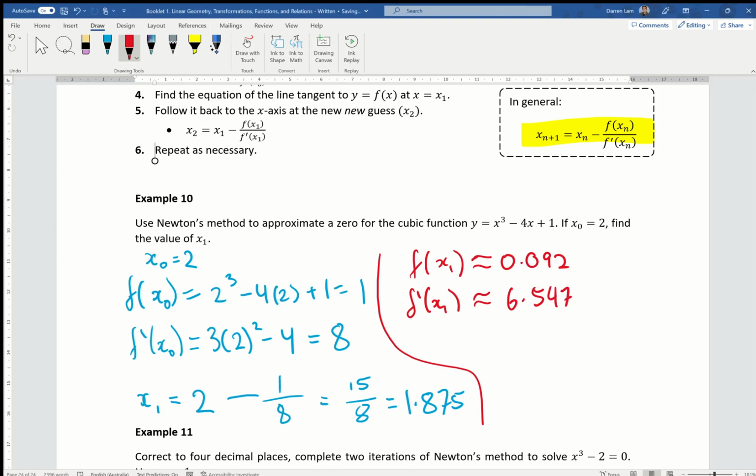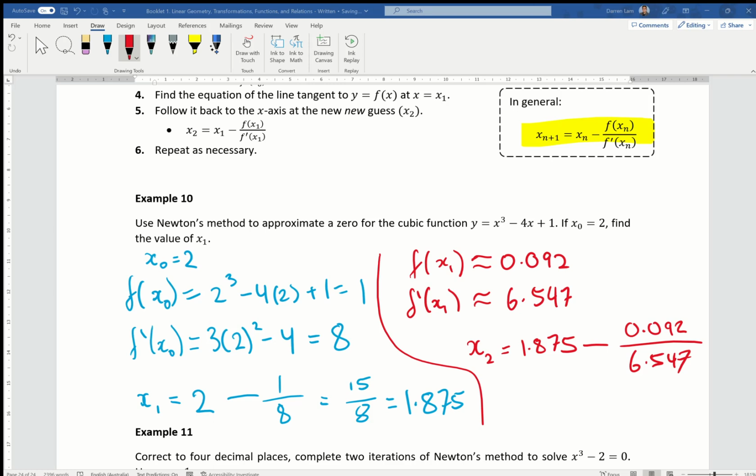If we put that into the formula, x2 would equal xn, which in this case is x1, which we know is 1.875, minus the first value, which is 0.092, divided by our bottom value, which is 6.547. Any questions of where these numbers come from?